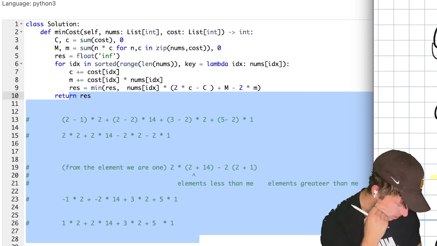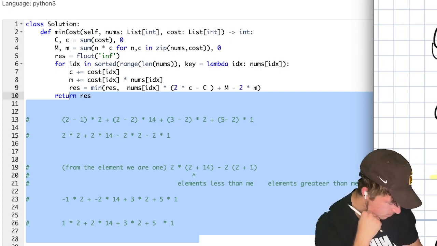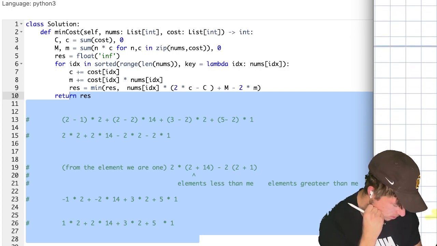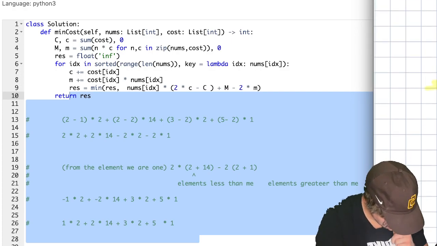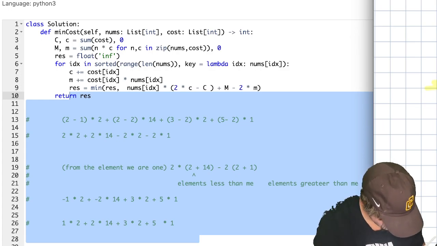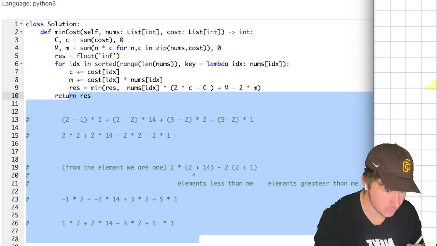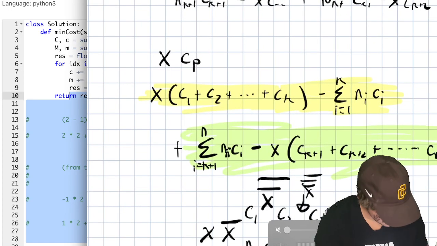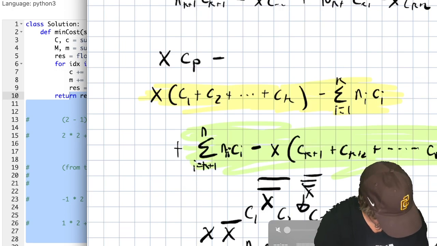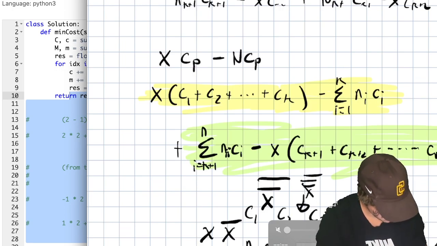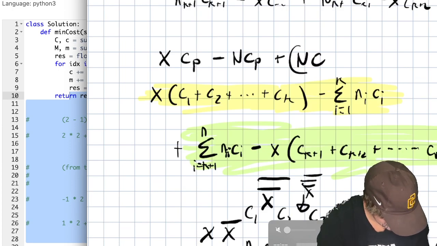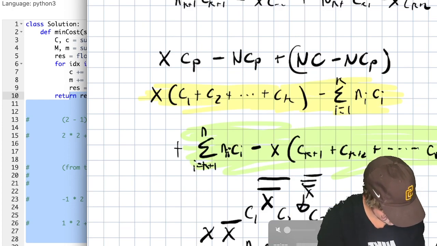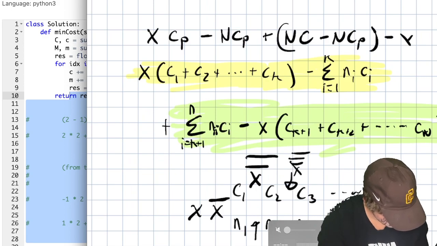C2, X C K, so this is X, C prime, minus NC prime, plus NC minus NC prime, minus X C minus C prime.